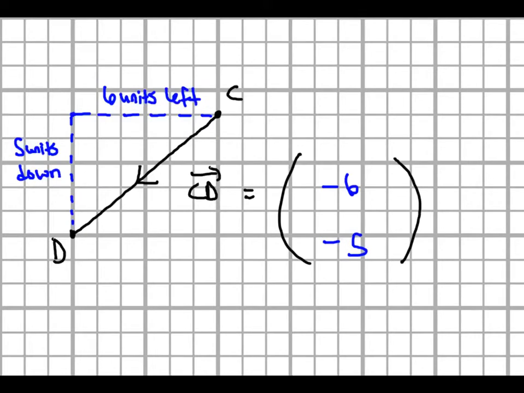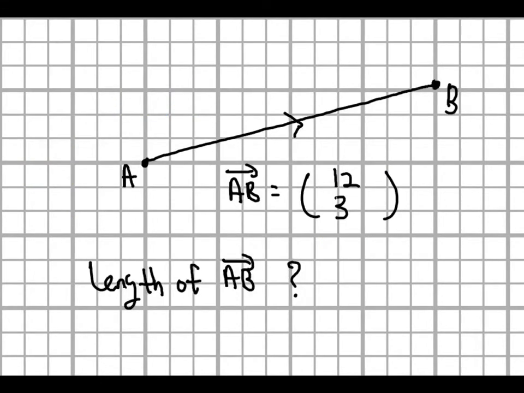And when you move in the negative Y direction, there must be a negative sign. That's how you differentiate between up and down, left and right. So, if I'm given the matrix of the vector AB, I know how to go from A to B.